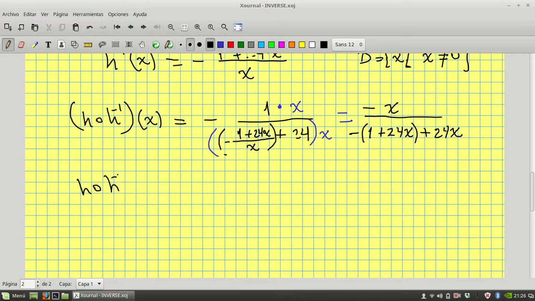So h composite the inverse is going to be minus x over minus 1 minus 24x plus 24x.